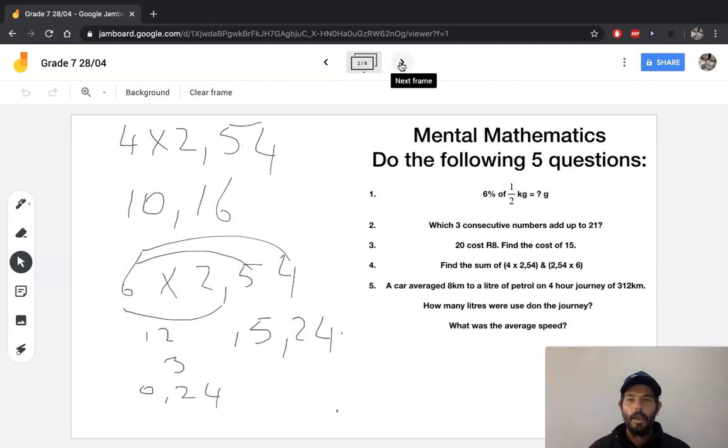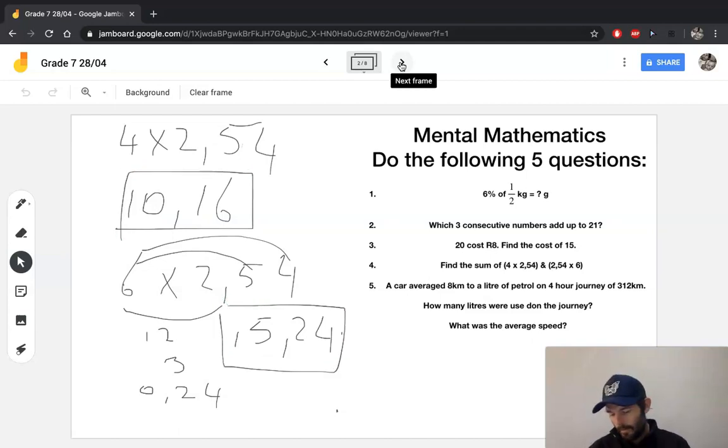Okay, and then all that's left for me to do is to add the 10,16 and the 15,24. All right, and you would have got 25,40 or 25,4. Okay, so that's one way to do it.